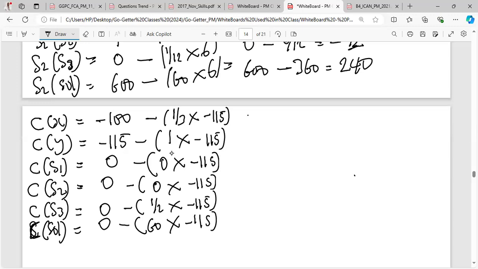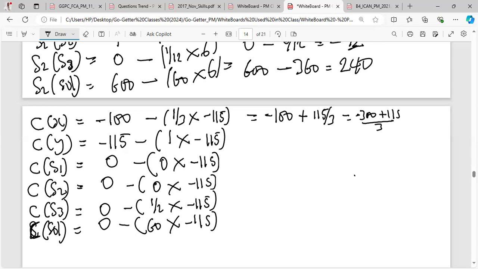All right, so let's look at it now. This is going to give us minus 100. Now, minus times minus is going to give me plus 115 over 3. 3 times 100 is going to give me minus 300 plus 115 all over 3.